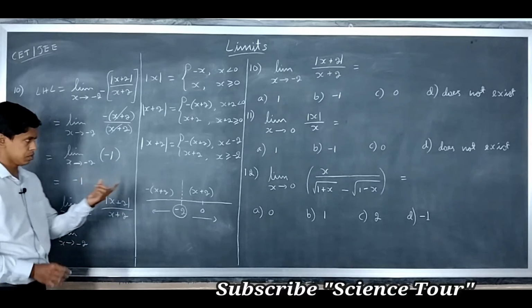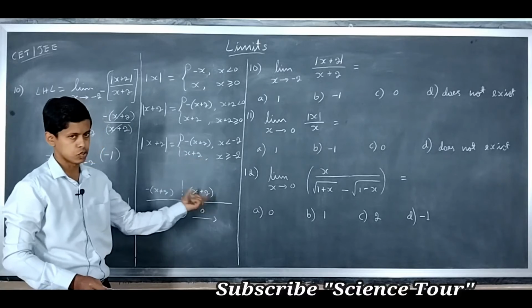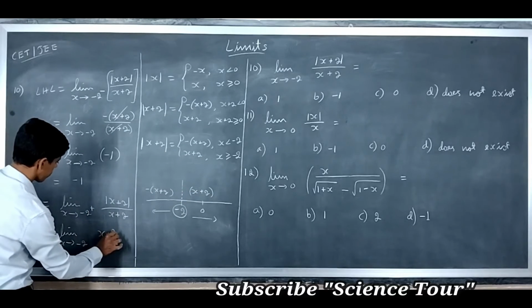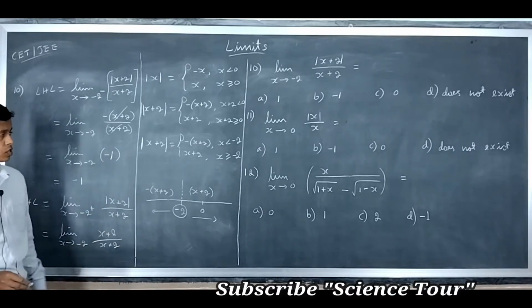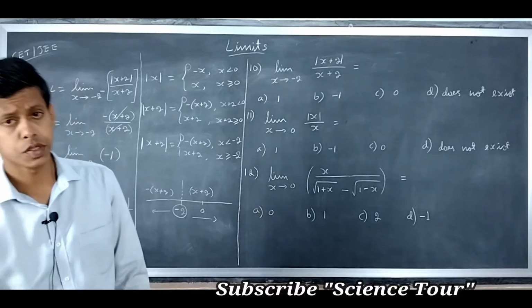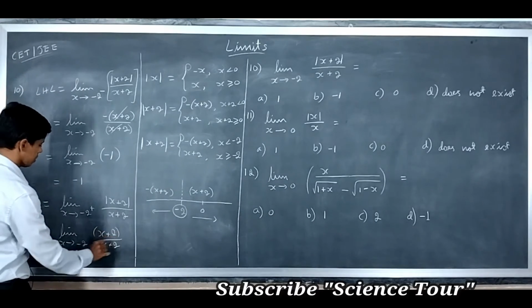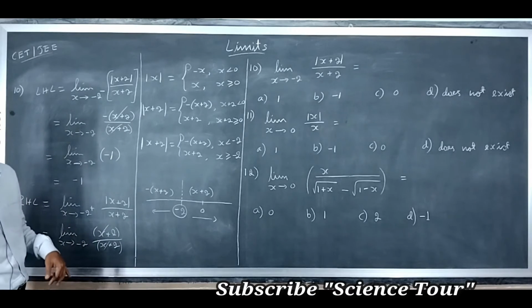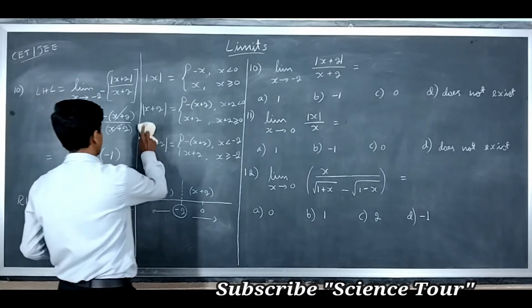Minus 2 plus is greater than minus 2, this way. So that is x + 2, so you replace that in place of the mod, divided by x + 2. Now again don't put minus 2 directly. What do you have to do here? Cancel these factors. So when you cancel these factors, you will get 1, and the limit of 1 is 1 itself.